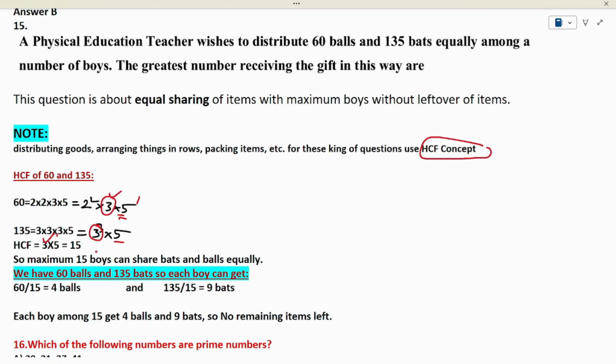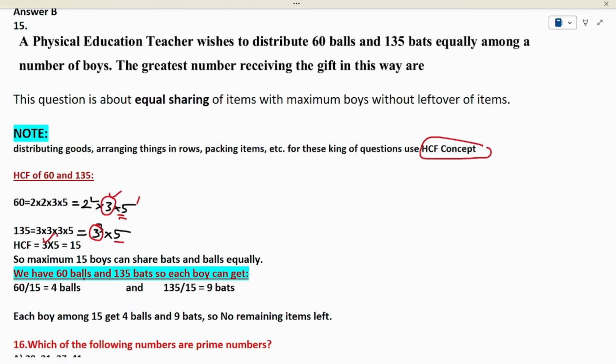Now from the given data, we found the HCF of 60 balls and 135 bats is 15. We got the HCF as 15, which means a maximum of 15 boys can share the bats and balls equally. In the sense that all the boys get an equal number of bats as well as an equal number of balls. So the number of boys in the class is 15.